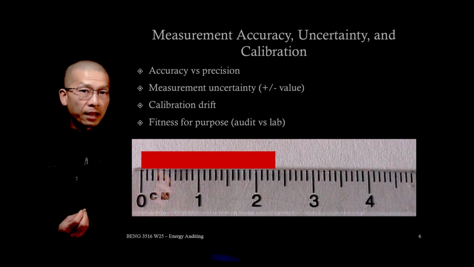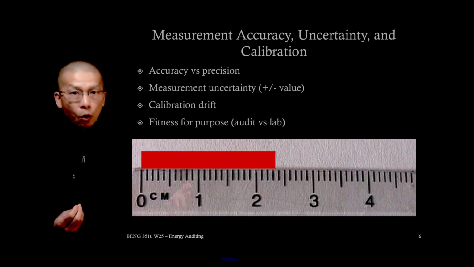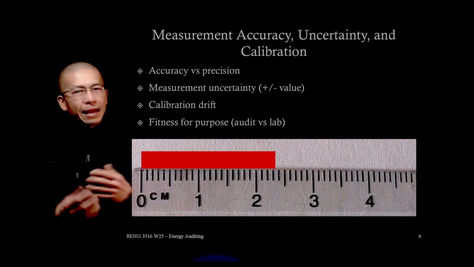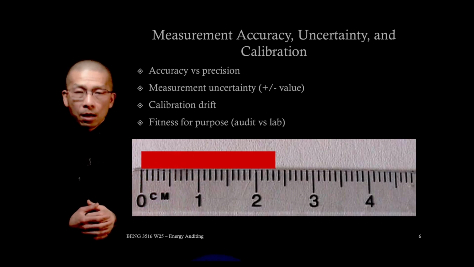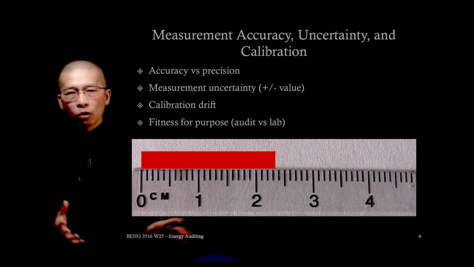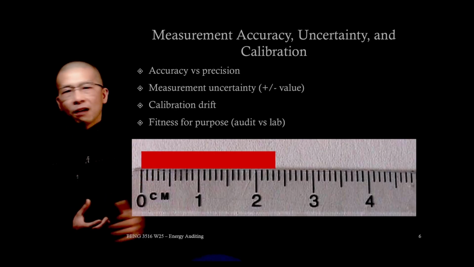Right? Sensors can drift, and calibration can drift over time due to aging, temperature, handling, different kinds of factors. Whether a measurement is manual or electronic, it is meaningless unless we understand its uncertainty.